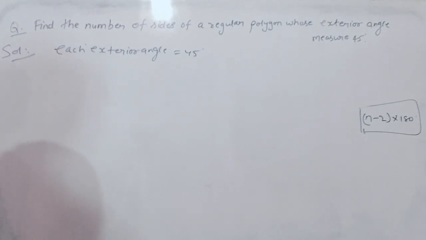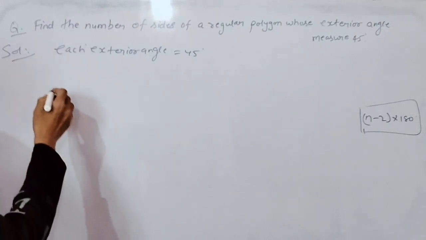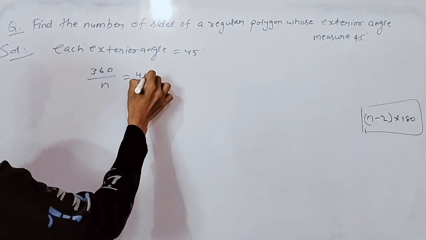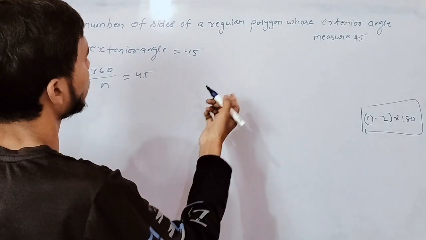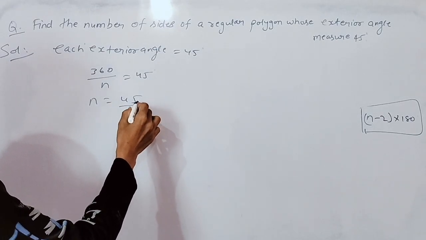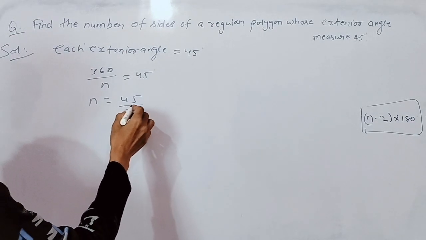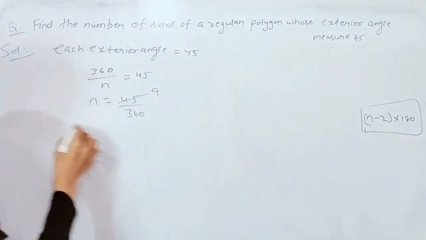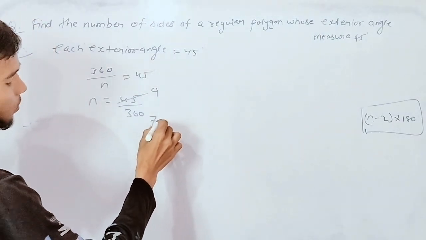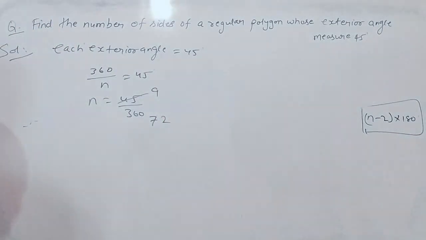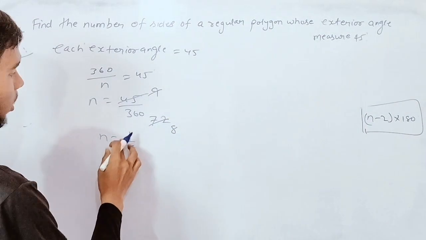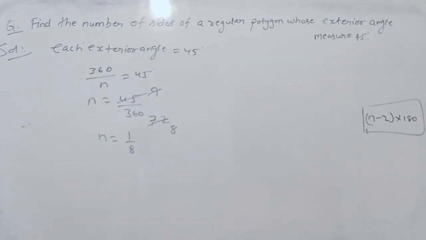As you know, the exterior angle is equal to 360 upon the number of sides, 45 equals 360 upon the number of sides. The number of sides we don't know; that is what we have to find.